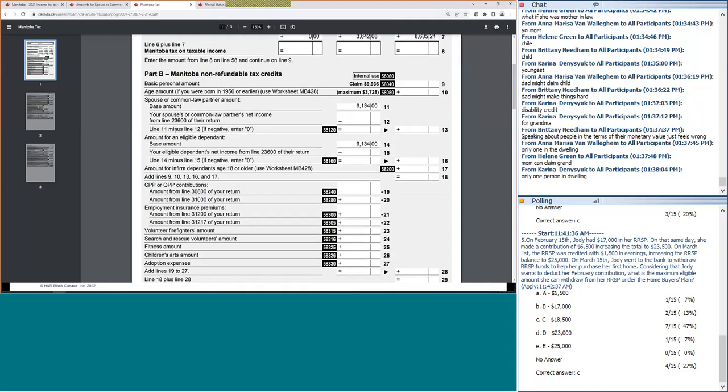When we get down here, spouse or common law partner amount: if you had a spouse who qualified for the federal credit, they might qualify for the provincial credit. The only difference is the federal credit allows them to have more income. The personal credit federally is usually $13,808, might be a little bit less if you're in a high bracket. Provincially, it's $9,134.